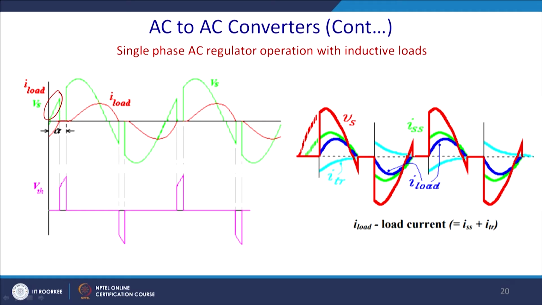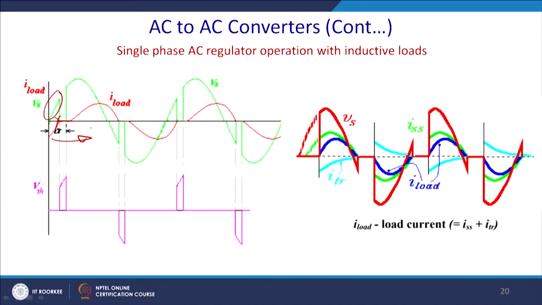Then once the current becomes 0, only then can you chop the voltage. So, this is one of the distinctions while operating. You cannot turn off the thyristors at your will. Once this current goes to 0, only then will you turn it off, and that duration can be extended if you wish, and accordingly things will change.